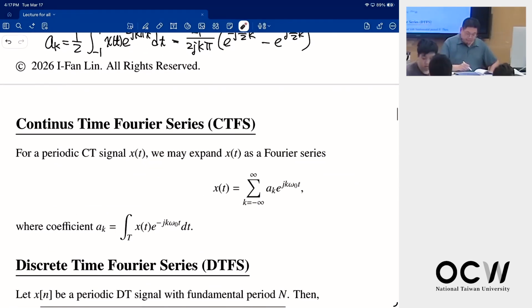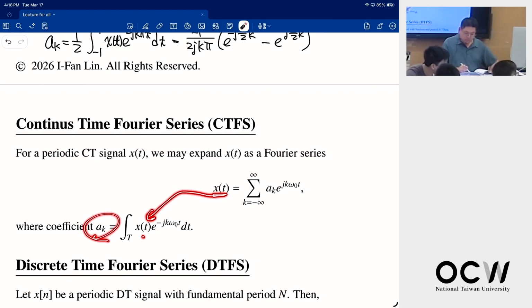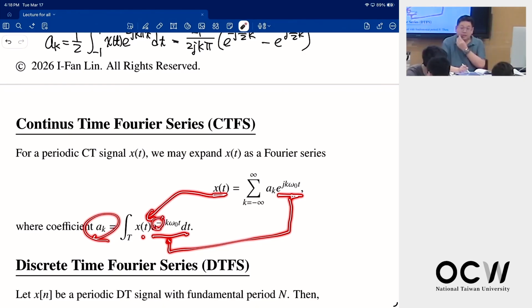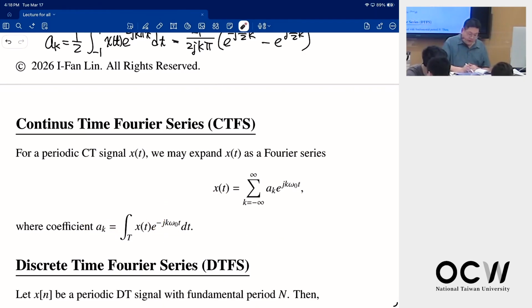From these two equations, you can see how I get the coefficient: your signal, inner product, your basis, right? The vector inner product, the function inner product. That's why we have the conjugation here. So to get your coefficient, just do the inner product, and then you integrate over a period, any single period.